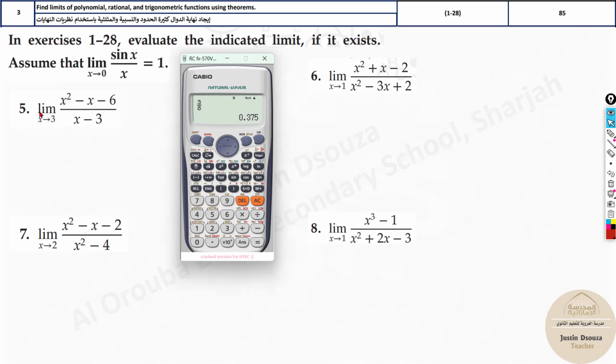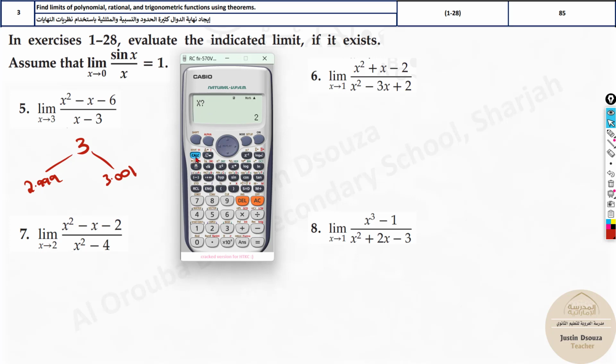Now, we will continue over here. The fifth question, limit is 3. So what do you need to do? First thing, I will write this x value down, 3, and what's the closest value? It's 2.999 and 3.001. All that is required over here is substituting this value. It is alpha x squared minus x, that is over here, and minus 6 divided by alpha x minus 3.